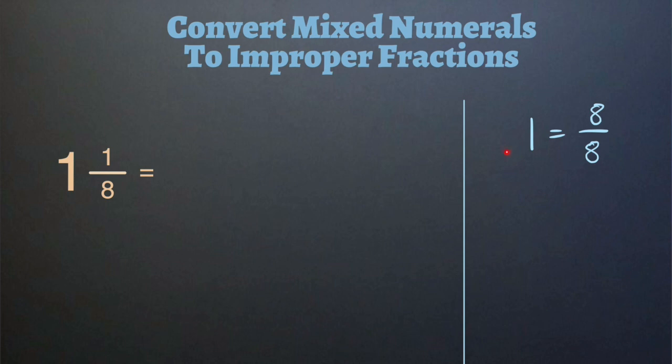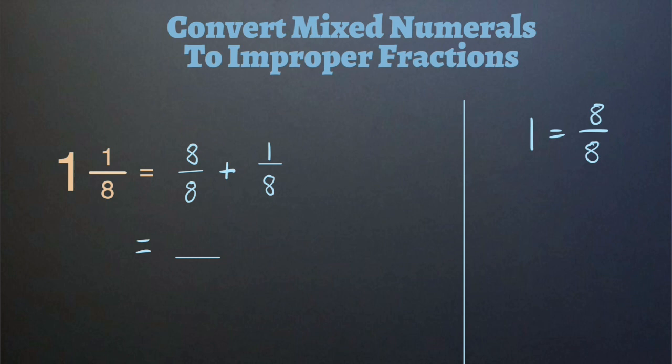So since 1 is 8/8, I could rewrite this as 8/8 plus, which just means and, 1/8 equals. Now, since we've got eighths plus eighths, we've got the same denominator, and our answer is going to have the same denominator as well.